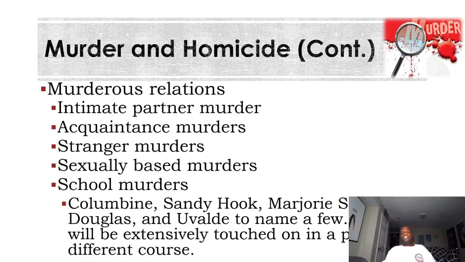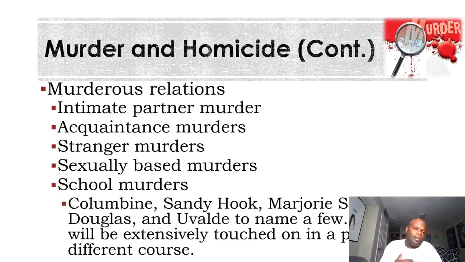So with murderous relations, there's intimate partner murders. That's murder where your intimate partner, your boyfriend, your girlfriend, your significant other, your spouse, they go ahead and they are the ones who execute the person. Acquaintance murders, think about how people have acquaintances, strange acquaintances, somebody they just met, somebody that they've been talking to, but they're not intimately linked to them, but they are an acquaintance.